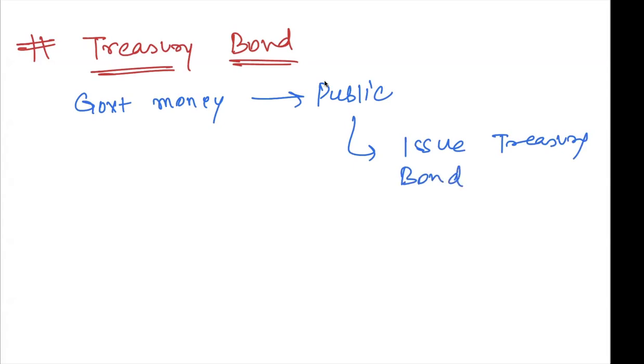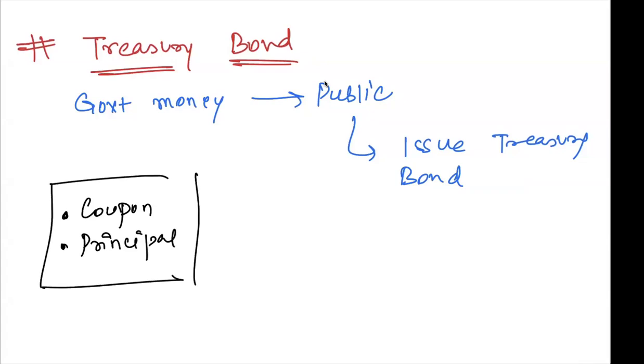So what will the public get? A very important concept of a treasury bond is that we'll get money in the form of coupons, and we'll get the principal. These are the two things that you will get.